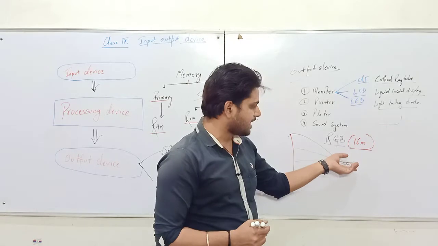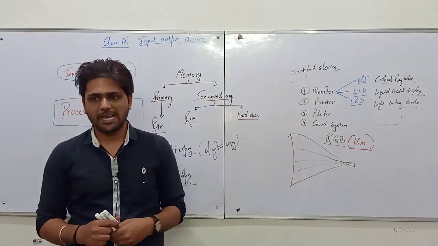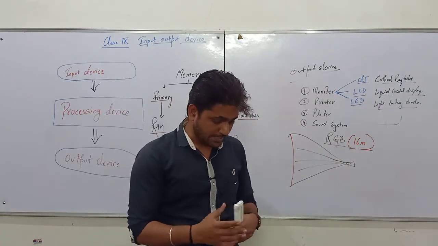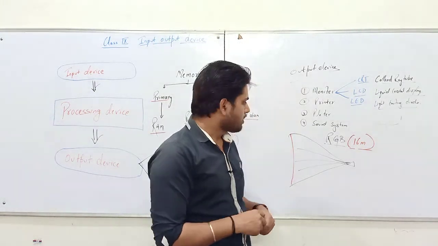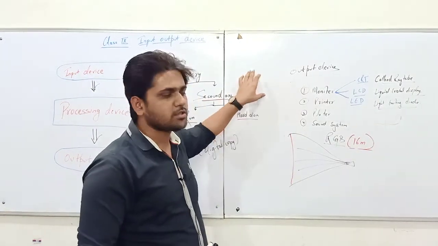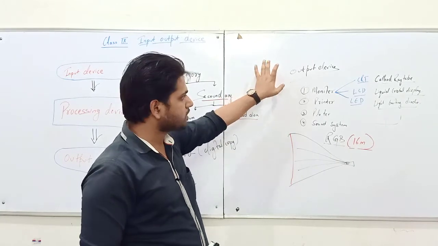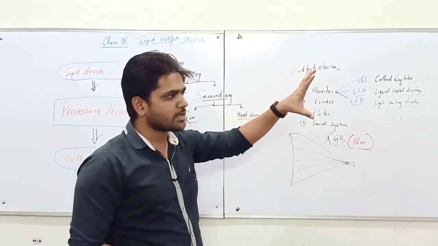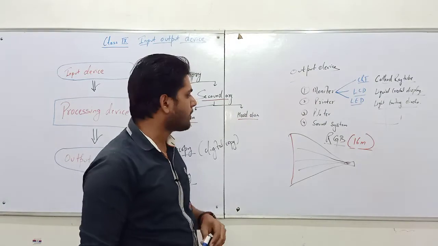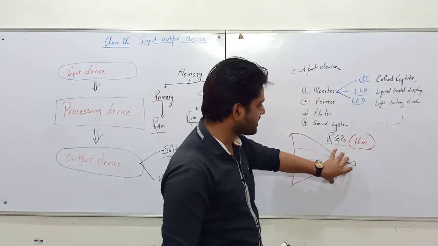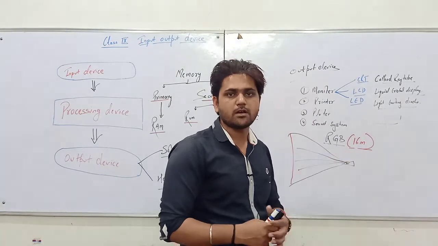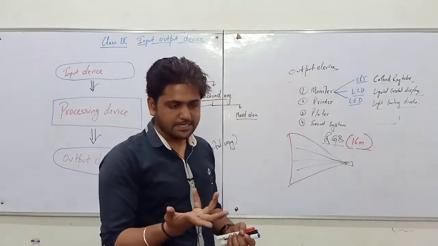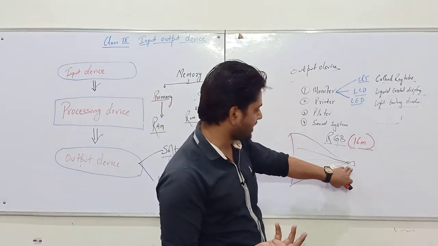CRT was highly inefficient, it used to consume a lot of electricity. And second, as we switch on TVs or computer systems nowadays, we directly get the screen in working format, but it was not possible in CRT, because this torch for emitting the light used to get heated itself, so it was a time-taking process.